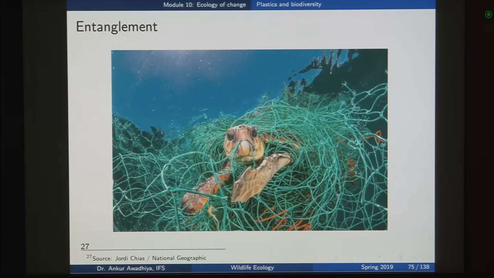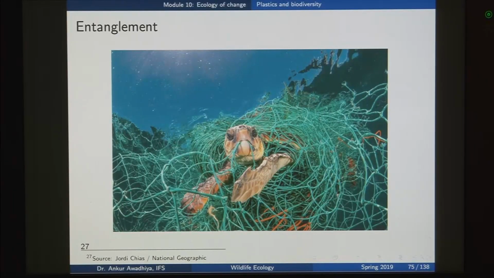Or probably if there is an organism that gets caught here and is not able to move out to catch its prey, to get its food, it will die of malnutrition. So, entanglement is also a big way in which these plastics, now most of these nets are made out of nylon, impact the wildlife. So, this is one big way in which nylon is impacting the wildlife.